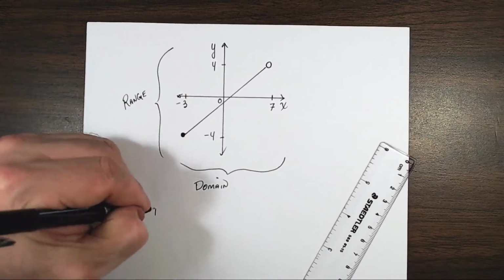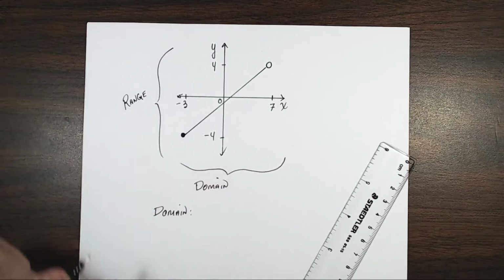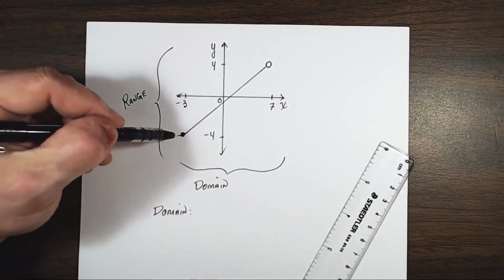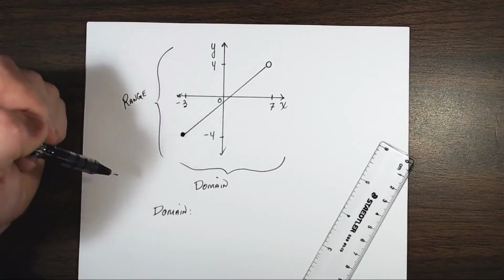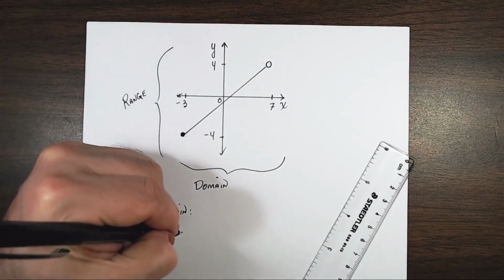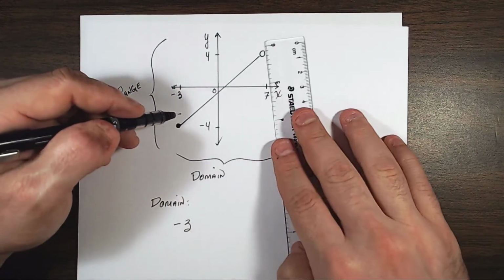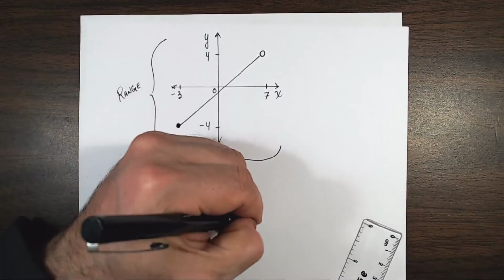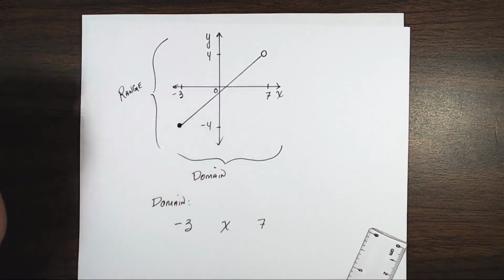Let's start with domain. What is the domain of this function? Well, let's look at this value over here. The x associated with this value is -3. So this goes from -3, and then the highest x value associated with this function is 7. So we put 7 over here. Remember, domain is going to be x.